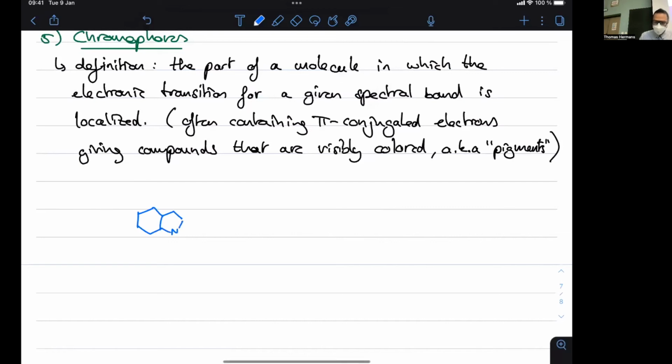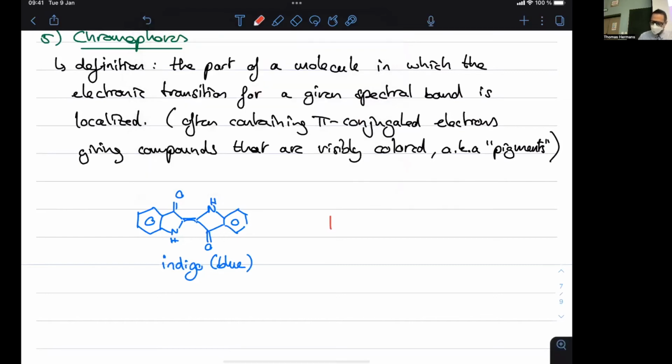Okay, so that's 5-membered. Okay, this one is called indigo. So will be blue.